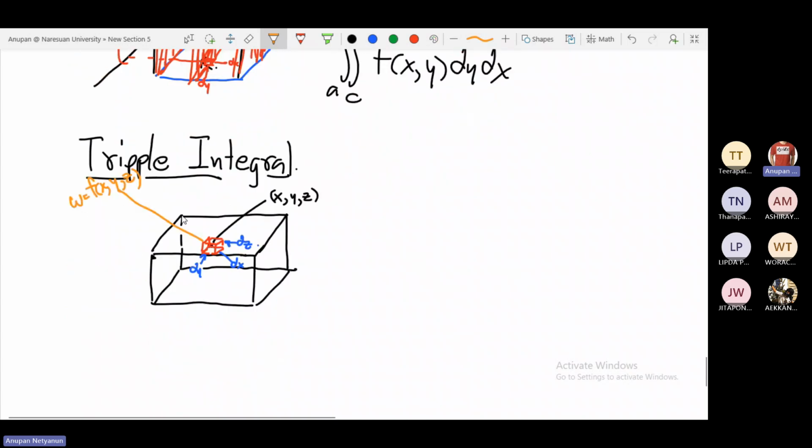The simple case for the two-dimensional double integral, the area, is going to be a rectangle. In three dimensions, it's going to be a rectangular solid object like this.